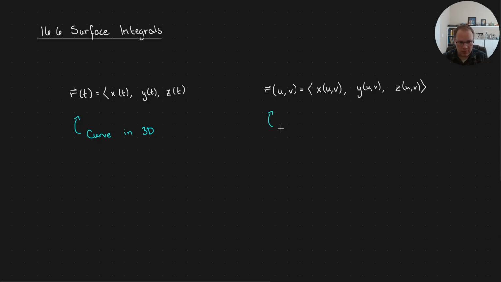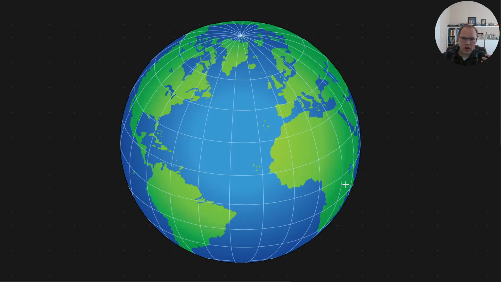Okay, so this is going to give me a surface in 3 dimensions, right? There's a real-life example that you're probably familiar with. If we consider the Earth, then we can describe any point on the Earth with only 2 variables.